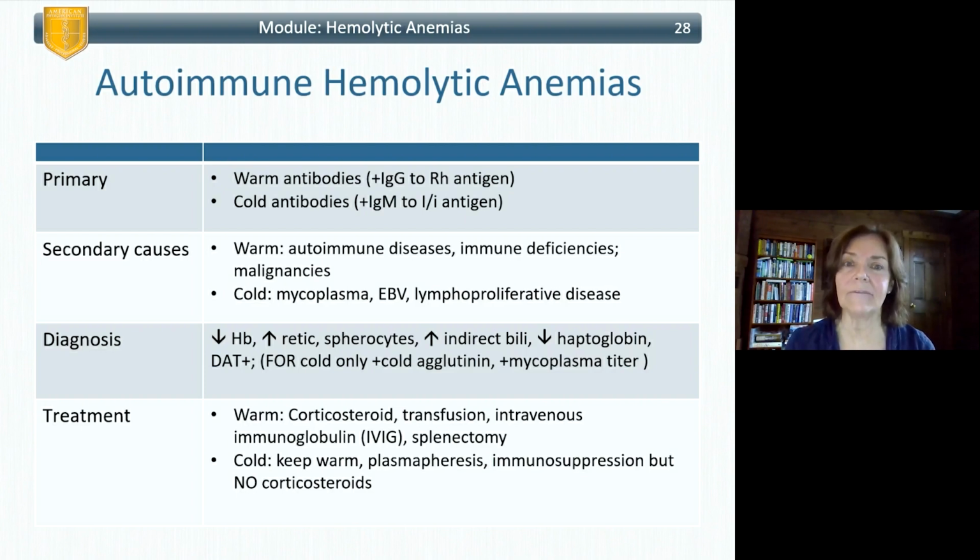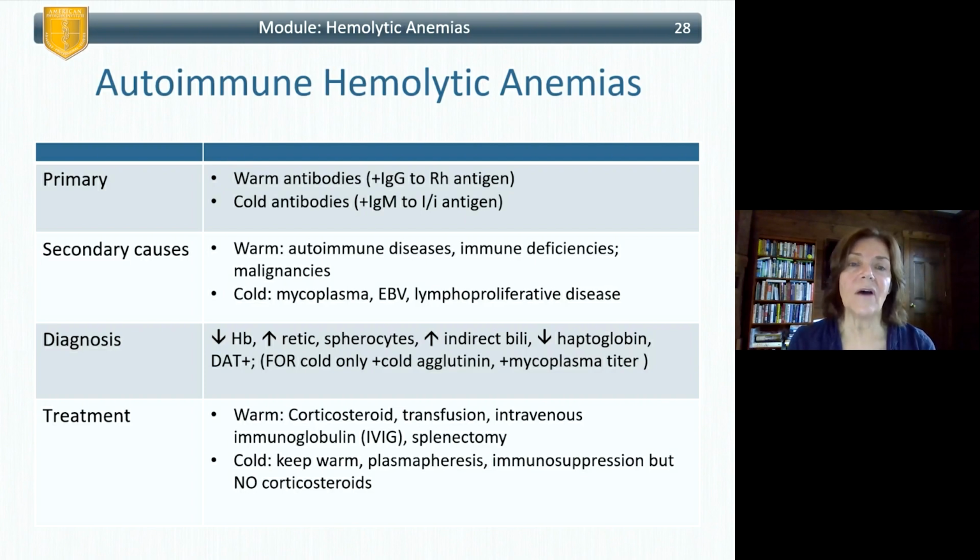Sometimes we cannot figure it out, where there are warm antibodies, and this presents when you look at the direct antiglobulin test with positive immunoglobulin G antibodies to the Rh antigen on the red blood cell. Cold antibodies, on the other hand, produce IgM antibodies to the I antigen on the red blood cell.